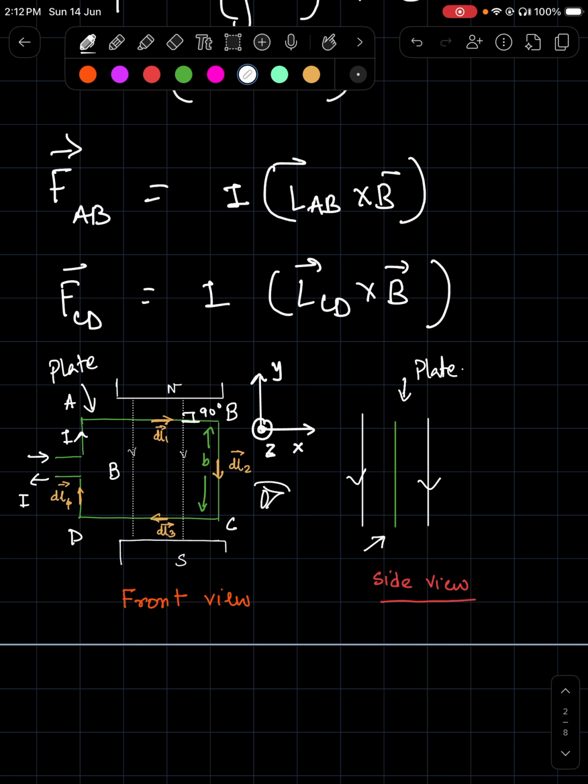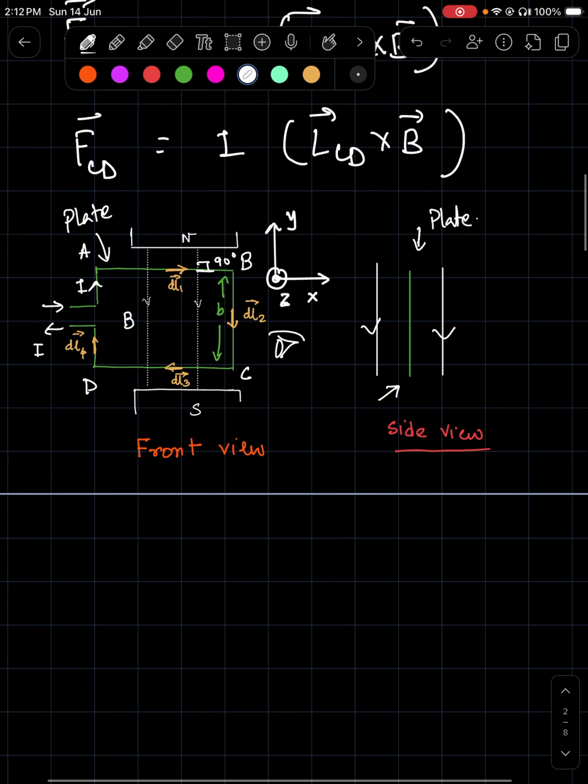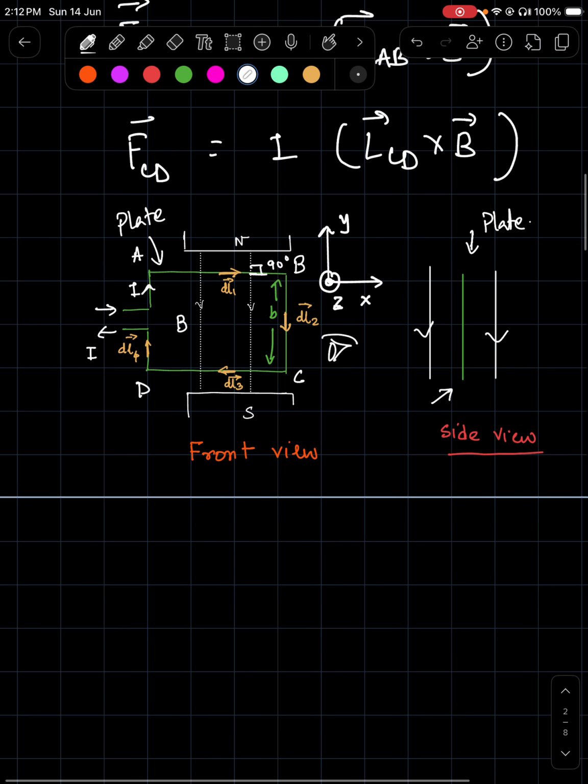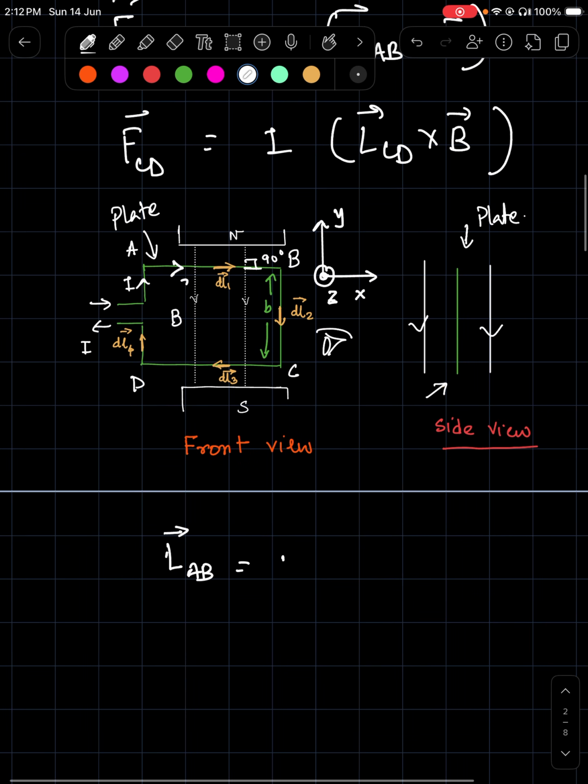Okay. So now we can write easily from these axes that LAB, that is, in this direction LAB, can be written as, if the magnitude of the length is A, A into I cap.